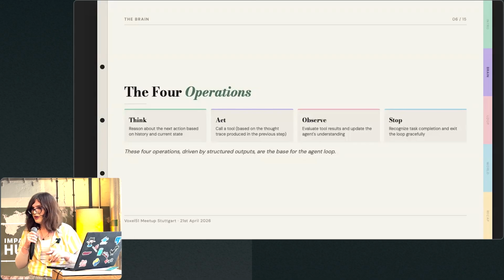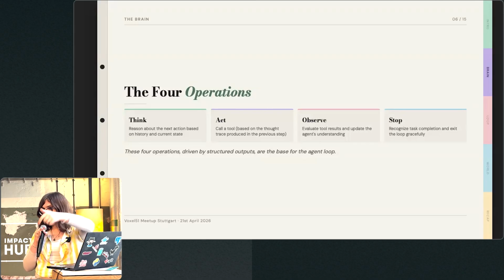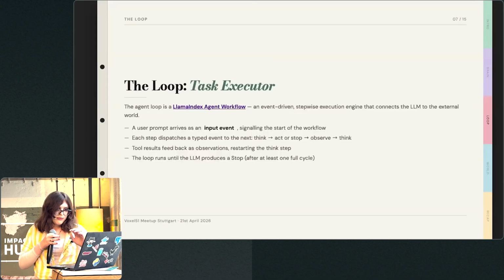And once I observed, I can decide to either go back and think about the next move, or stop and say, user, I completed task A, give me another task, so basically this is complete. We will see later how these steps should be implemented to make a good agent harness. But basically, these 4 steps are all constrained by the structured outputs that each step is assigned to.